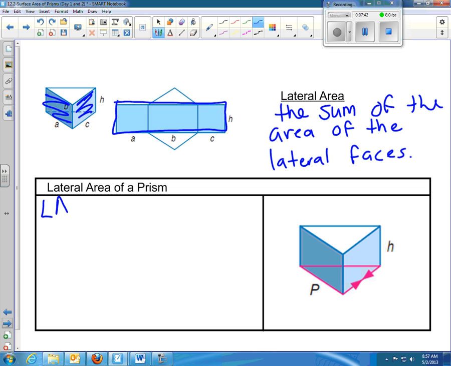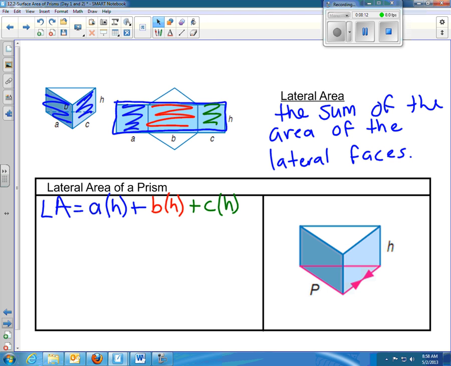So we're going to represent lateral area by LA. If we find the area of this first rectangle here, area of a rectangle is base times height. So our base is A times our height, H. It says the sum, so we're going to add. Now we're going to do the middle one. Our base is B, and our height is H. And then lastly, the small one on the end. Our base is C, and our height is H. Now you'll notice there's an H in every single one, so we can factor that out.